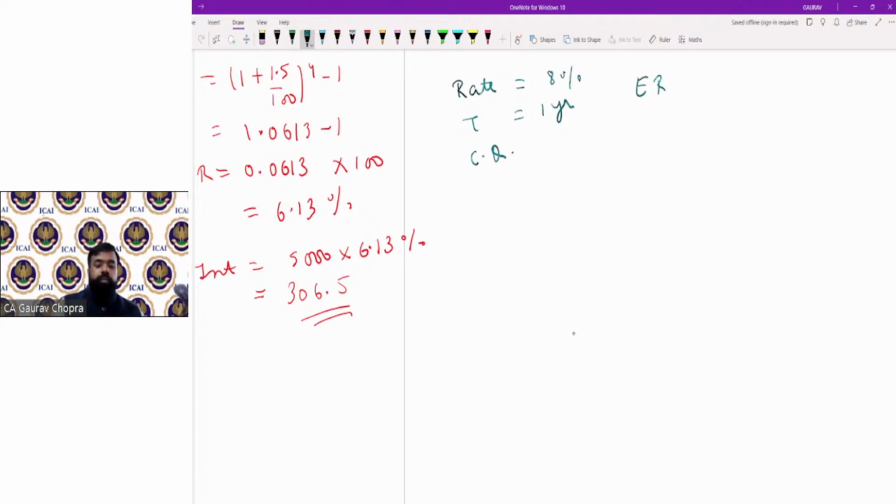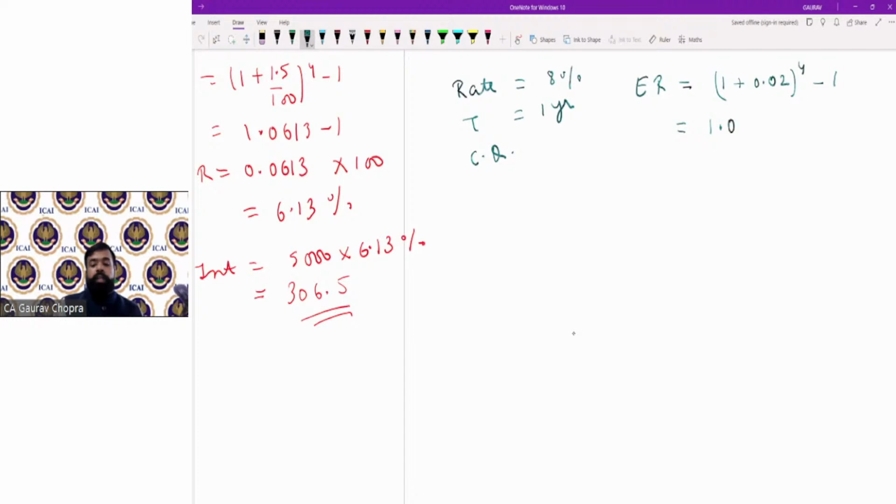Okay. So effective rate is equal to (1 plus i) to the power n minus 1. If you have to convert, then 8 divided by 4 becomes 2%. So 1.02 to the power of 4, because there are 4 quarters.